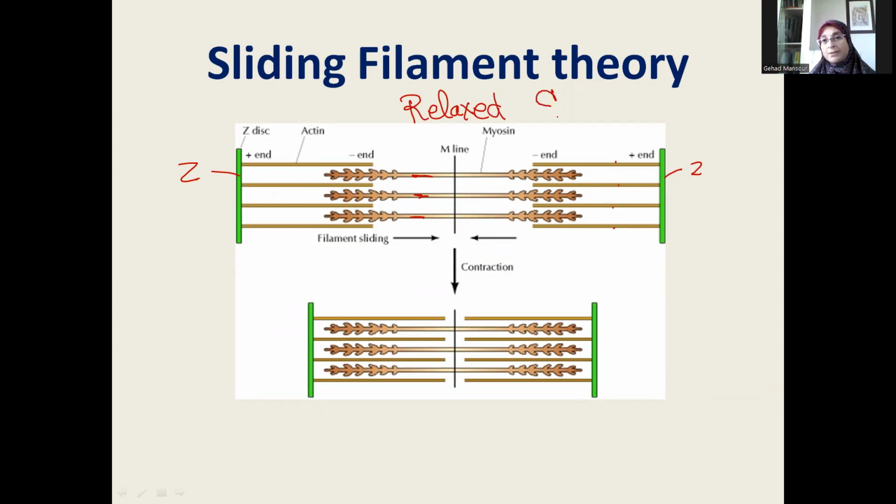This diagram represents the sliding filament theory, or what we call Huxley's theory. You needn't memorize the name. And this is a relaxed sarcomere, whereas this is a contracted sarcomere.